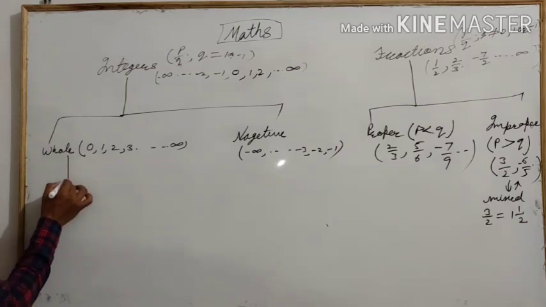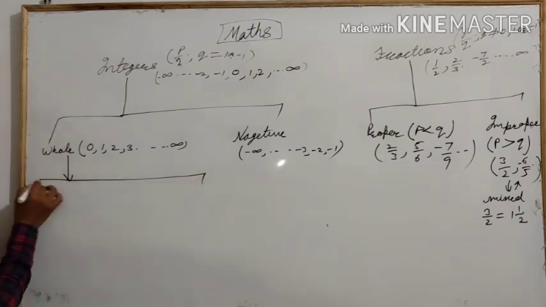Now whole numbers. Whole numbers are divided into two parts.